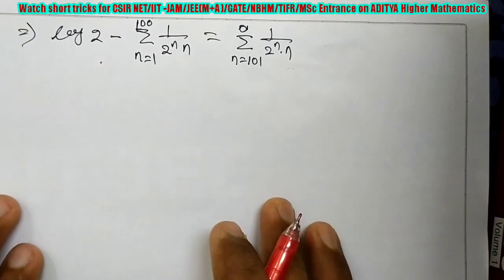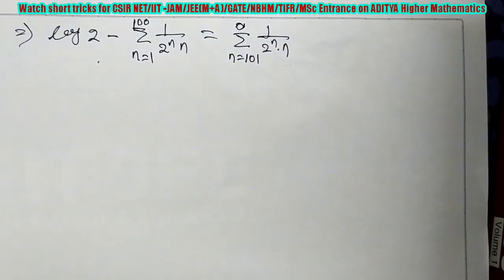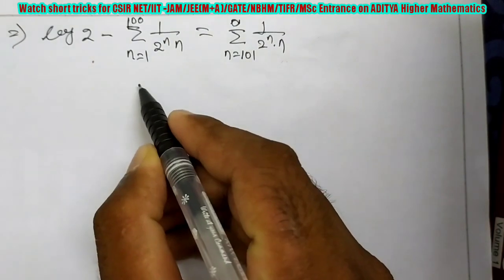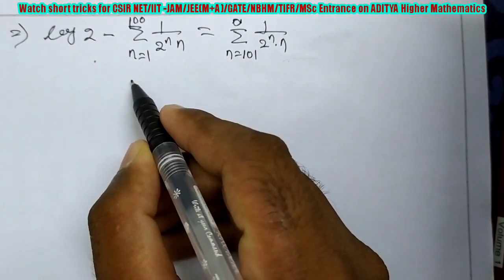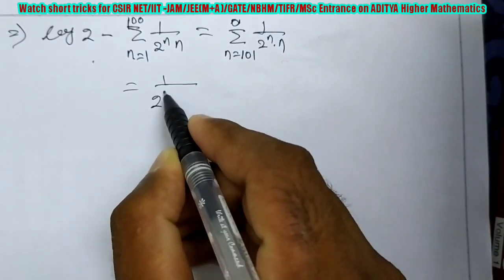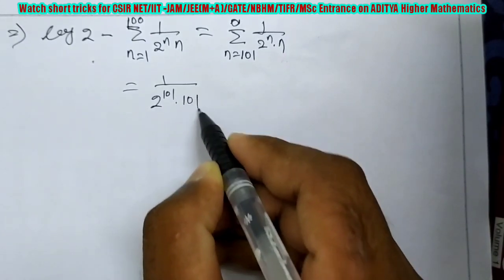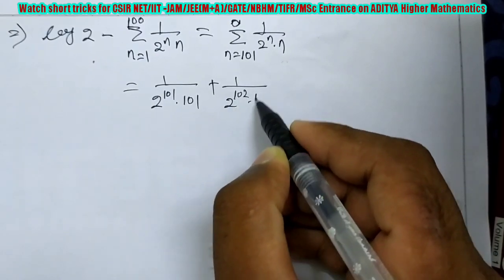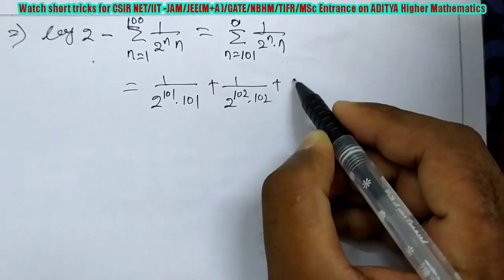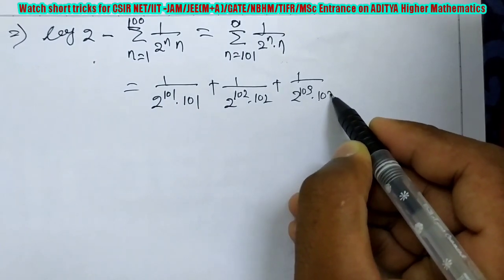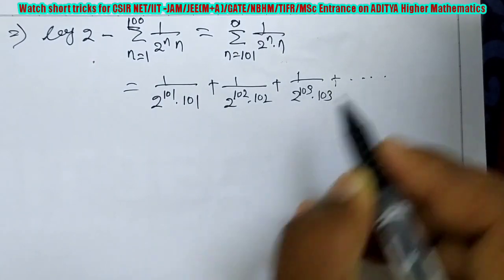So first of all we have to expand this series to get the answer. Just do one thing, put the values from 101. So it is coming 1 by 2 power 101 into 101 plus next 102 into 102. Just the n value you are putting.